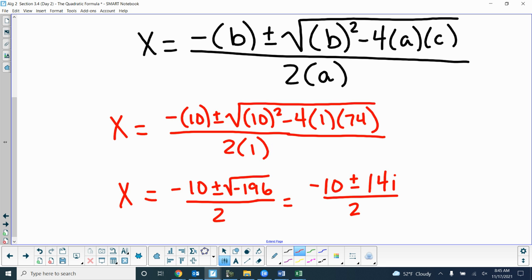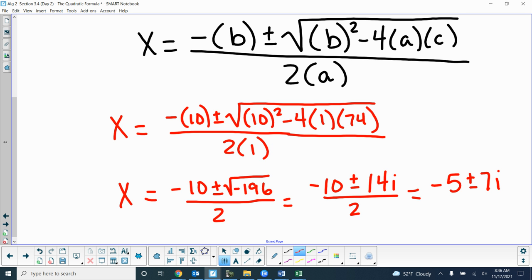Do they have a common factor? 2. Right? 2 goes into 10, 2 goes into 14, 2 goes into 2, right? So I'm going to divide all 3 of those numbers by 2 for my final answer to make sure it's in simplest form. So that's -5 plus or minus 7i.